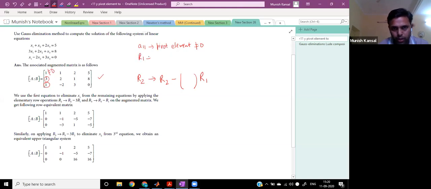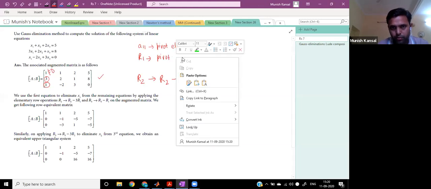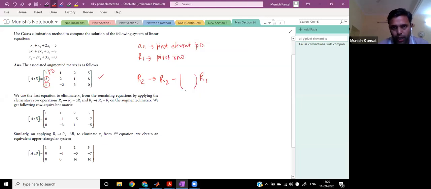We call it the pivot row, right? What has to be multiplied with R1 here is directly visible, we can see 3. So R2 minus 3 times R1, but I want to write it as 3 by 1. Why? Because this entry is my A21, this is my A11. This will help you in the coding, right?